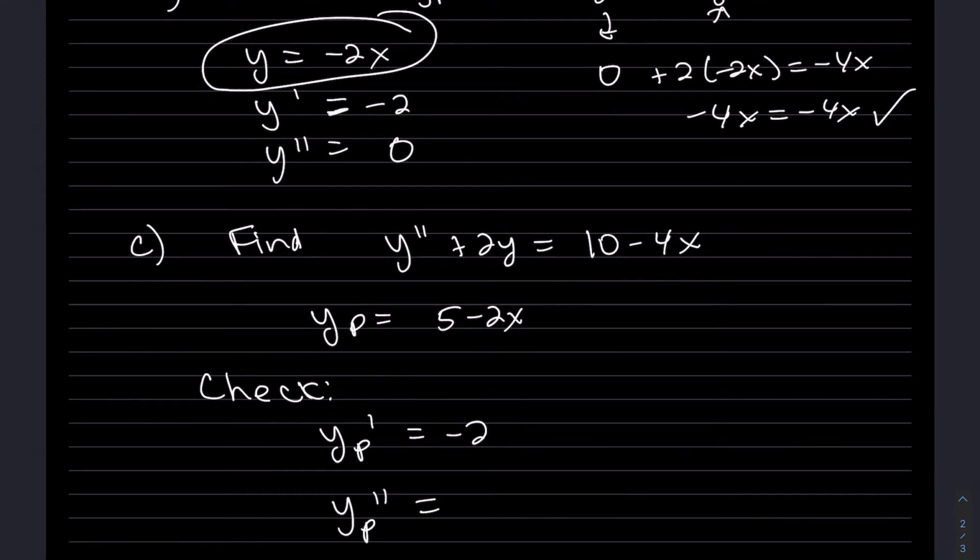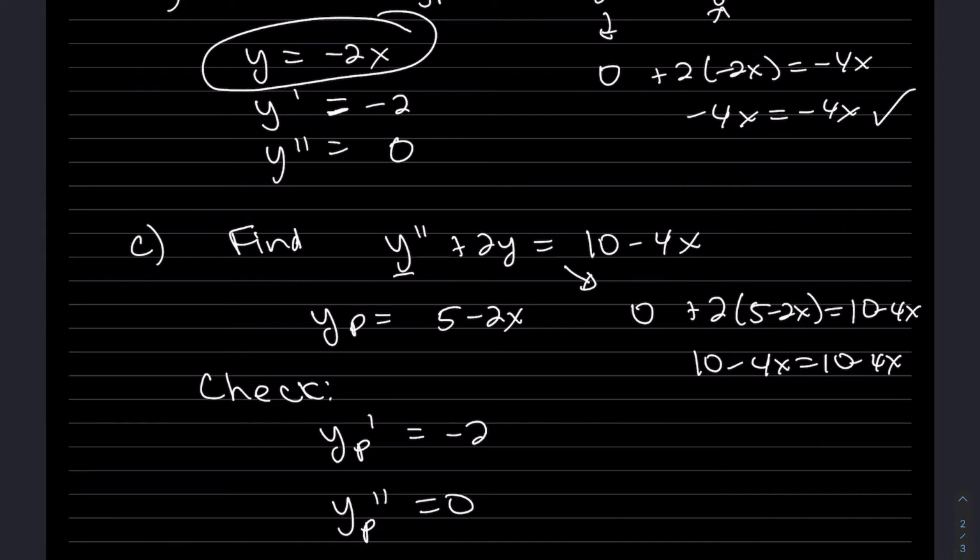YP double prime equals 0. So y double prime is 0 plus 2 times y. Does that equal 10 minus 4x? 10 minus 4x equals 10 minus 4x. Yep, it is true. Therefore, YP is our solution.